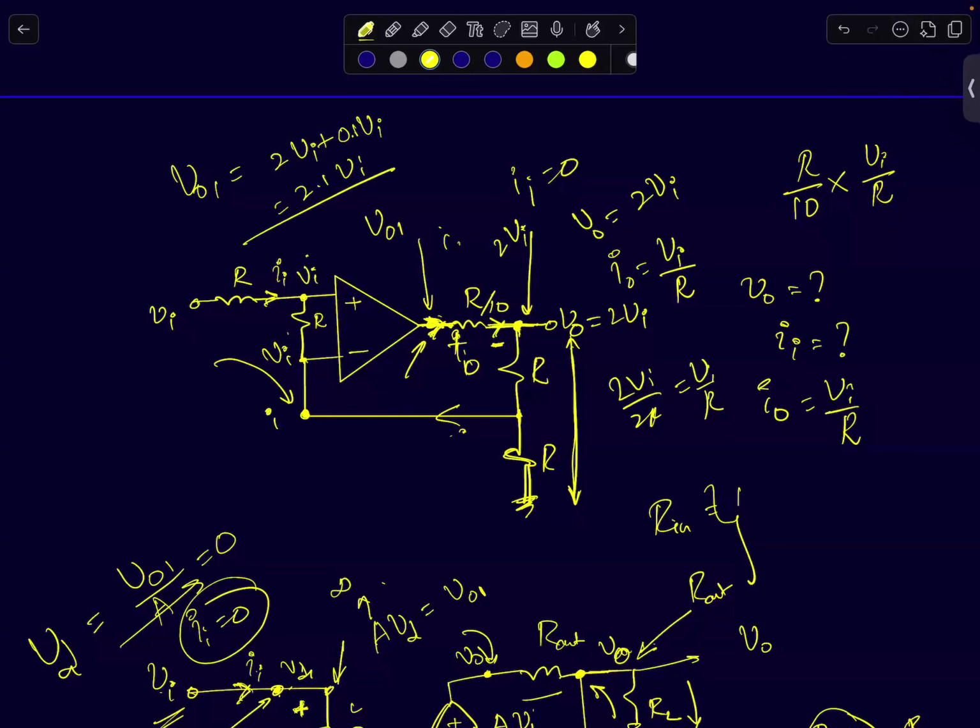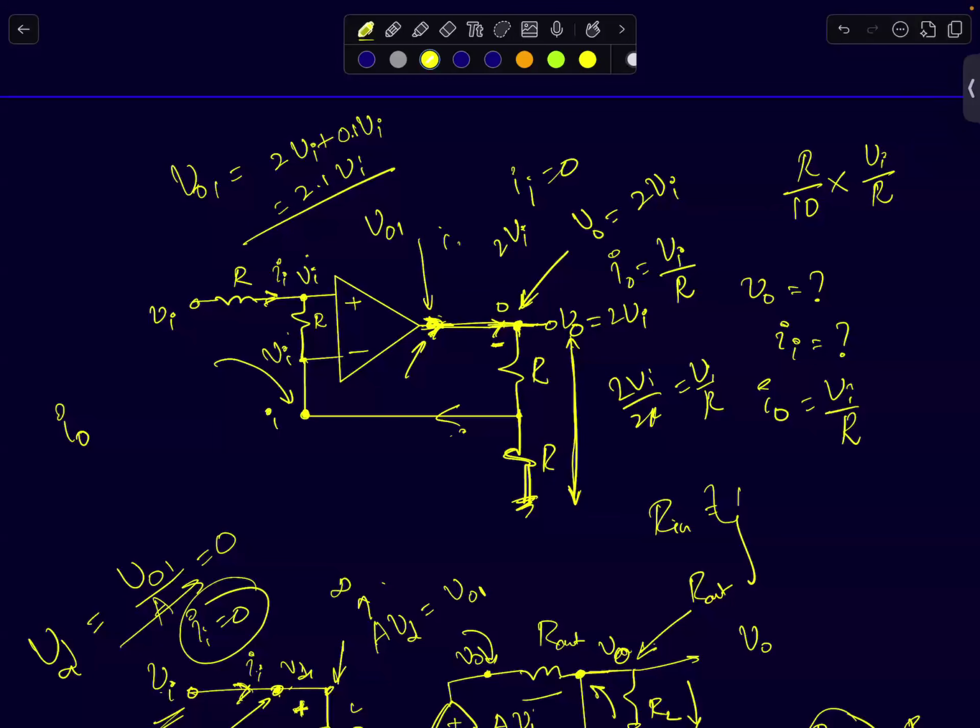Sir, didn't you say that the R by 10 won't come into play? Yeah, it won't come into play at this point. I mean, it won't impact your output. See, let's say I don't have R by 10, and I just short this node. The current I naught will remain.